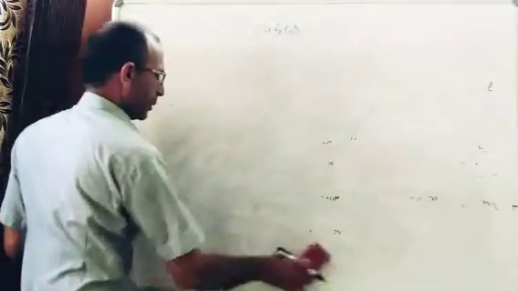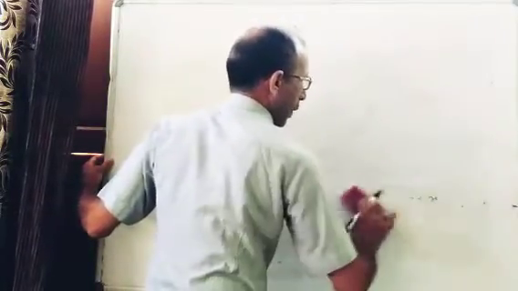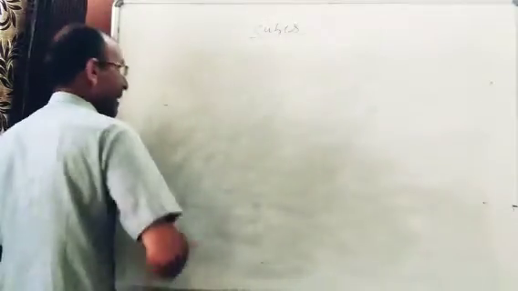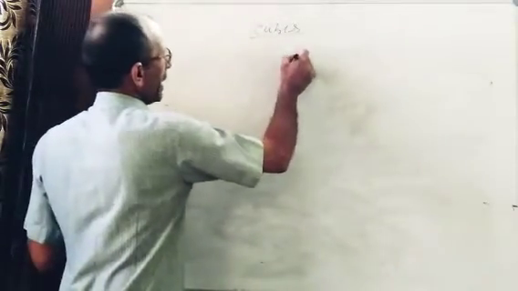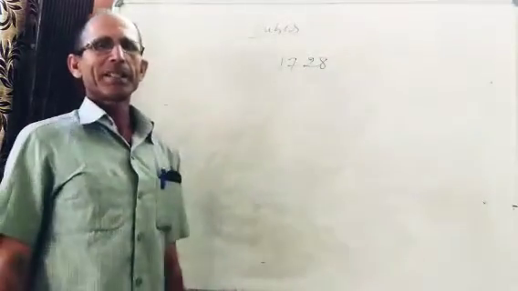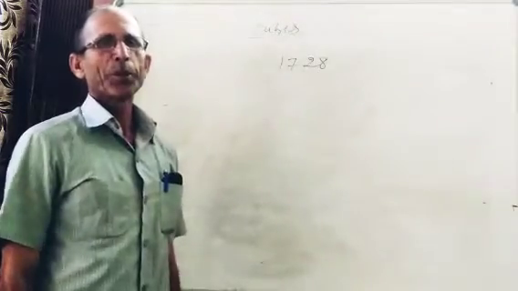To find the cube roots, first of all, make prime factors. So take any example, 1728. We have to find the cube root of 1728.